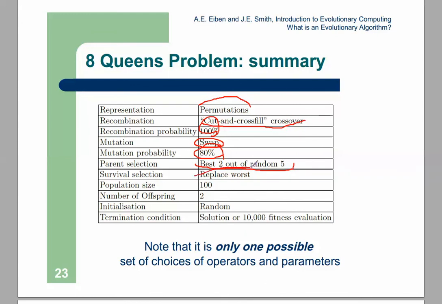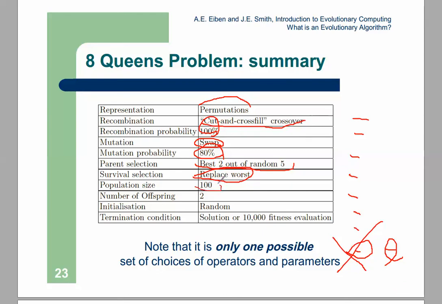Survivor selection is replace worst. In this method, each time you calculate the fitness of all of the population, but the worst fitness is removed and new children are used to replace it.